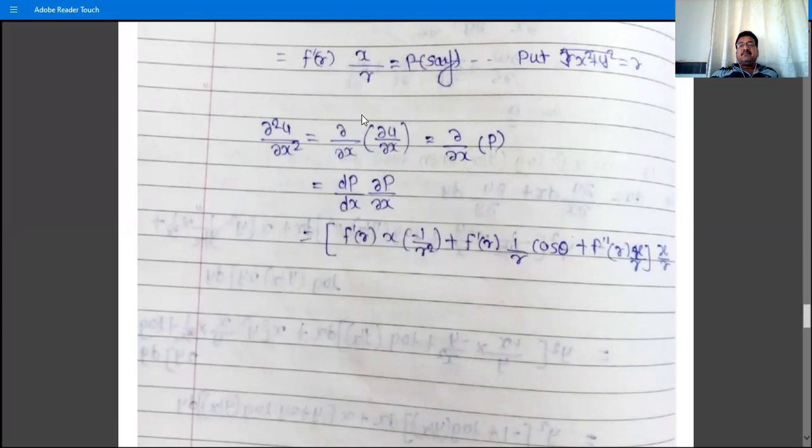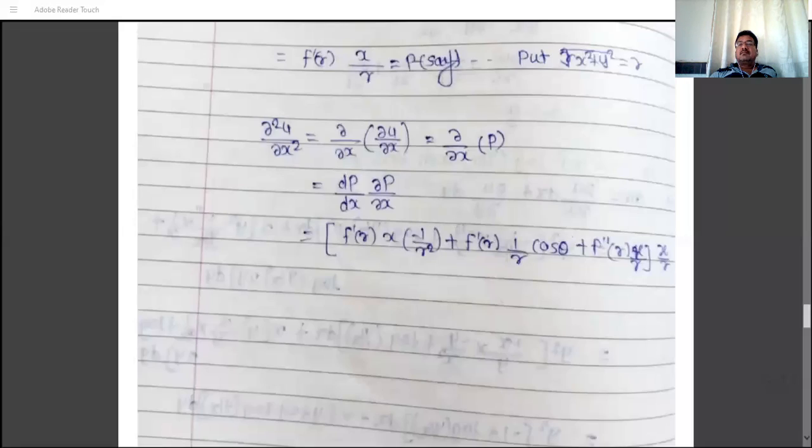First write x by r, and then the derivative of f dash r is f double dash r. So write that term, x by r, that is v, f double dash r.